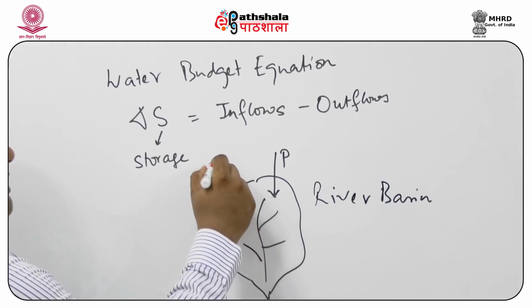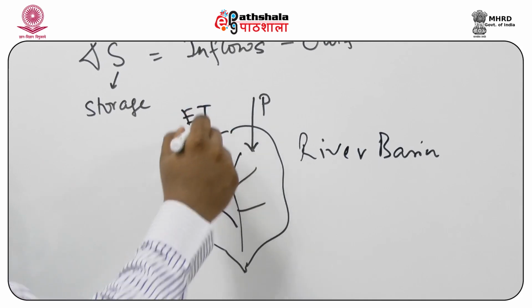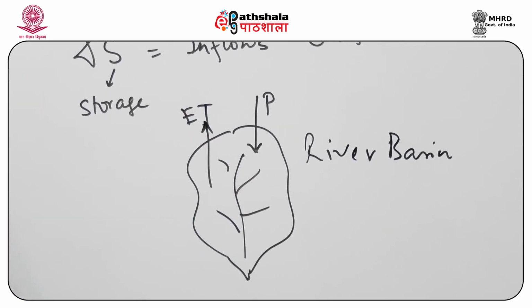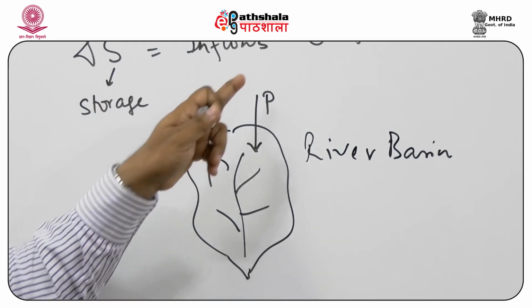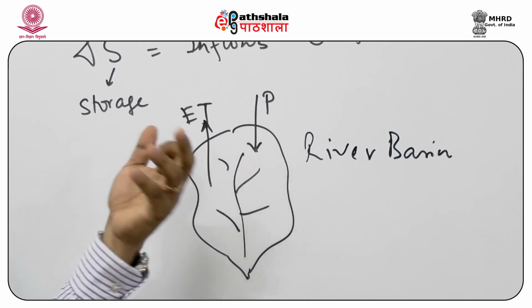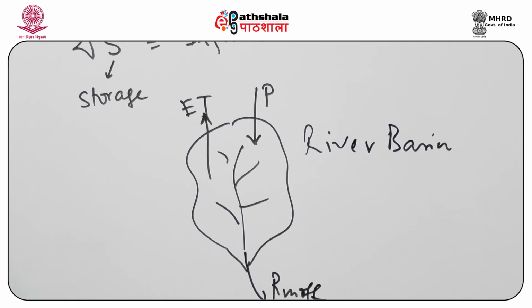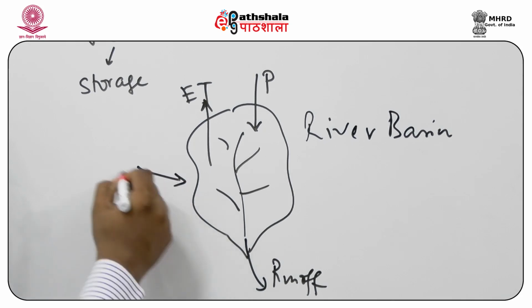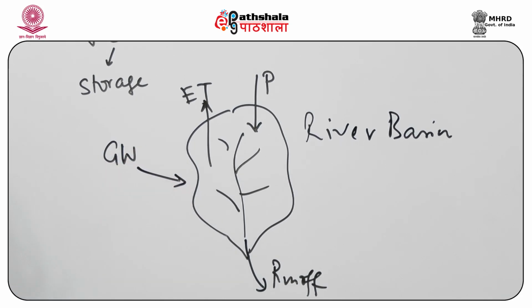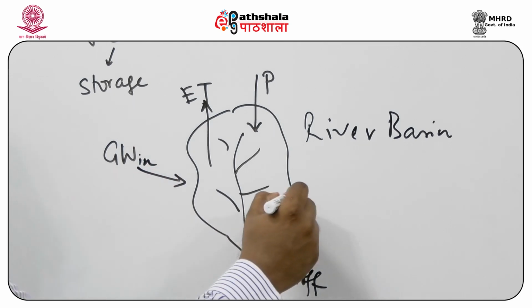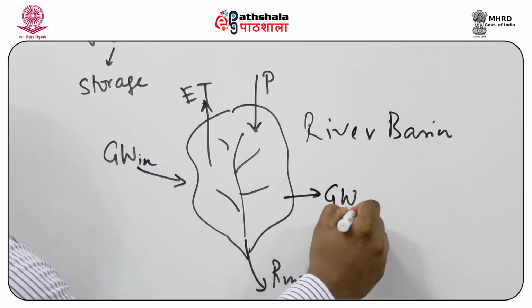Evapotranspiration, as we saw, which is the transfer of water from the land surface to the atmosphere, is an outflow. As we can see, arrows going towards the basin are inflows, and arrows out of the basin are outflows. Another outflow is runoff, as we have discussed earlier, and there can also be some lateral flow of groundwater, if GW stands for groundwater.